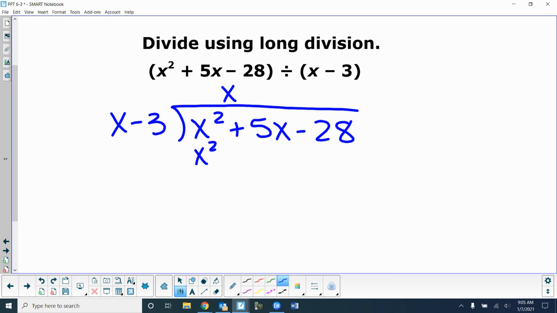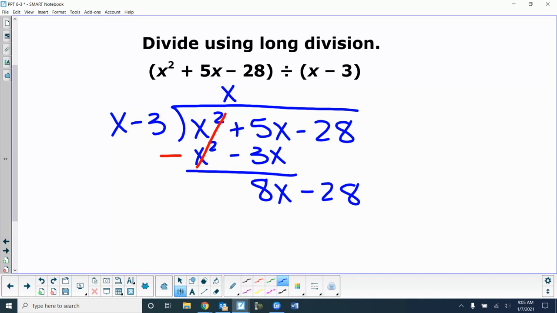X times negative 3. Now what? Subtract. So those cancel. What's 5x minus a negative 3x? 8x. Bring down the minus 28. What's 8x divided by x? 8.